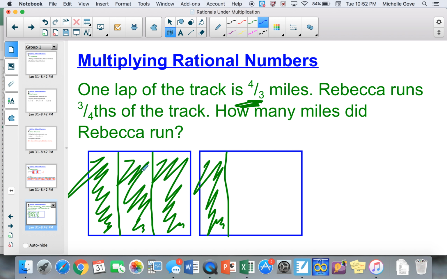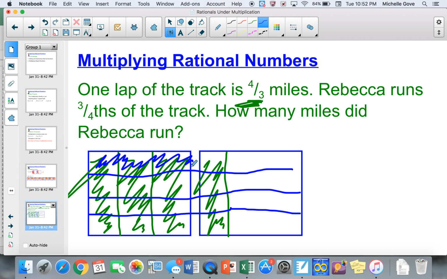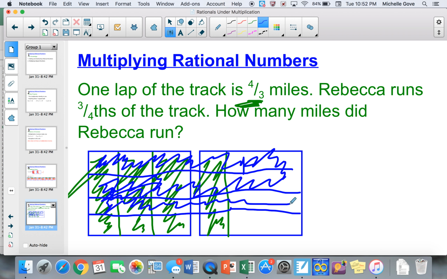And now we're going to figure out if she ran 3/4 of the track. So we're going to split our area into 3/4. Not very straight lines, but trying our best here. Split this into 3/4 and shade in the 3/4. Alright. So we shade in our 3/4.